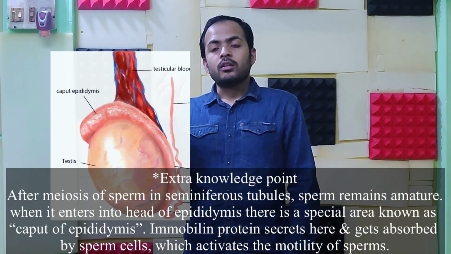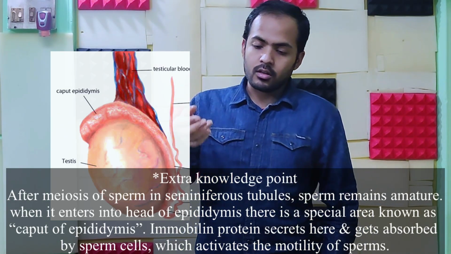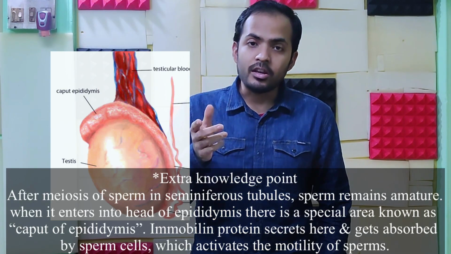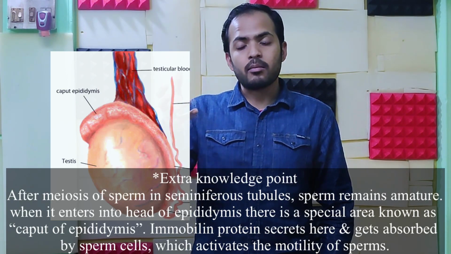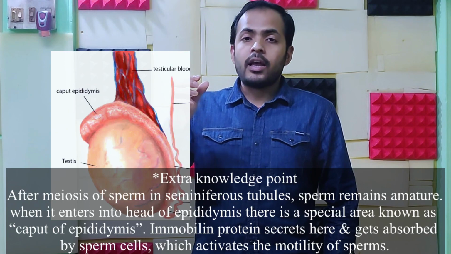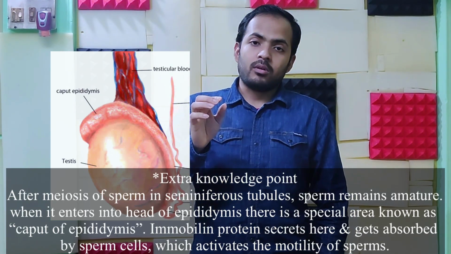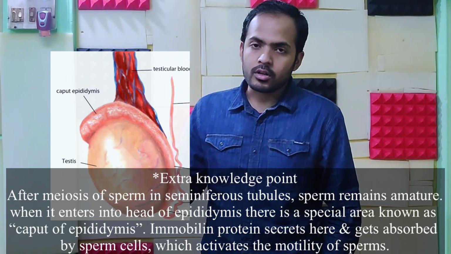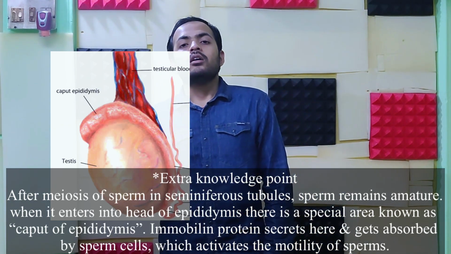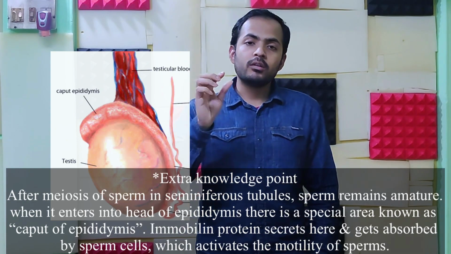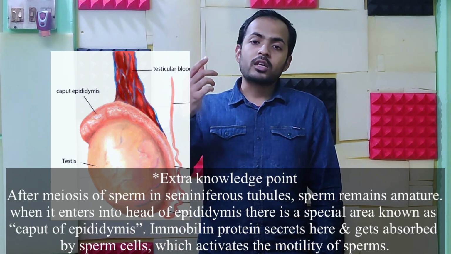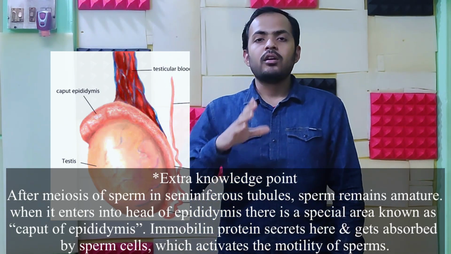Inside the caput, a very special protein is secreted, known as immobilin. The sperm absorbs this immobilin, which activates the motility of the sperm; I will talk about how sperm works later. This is the extra knowledge point.